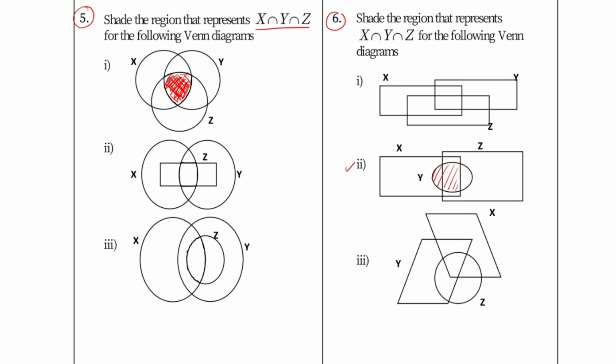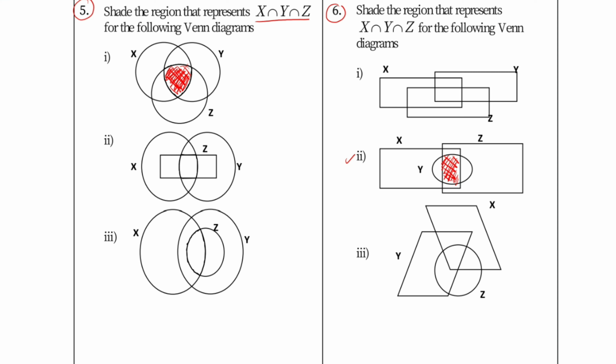And then based on the region that you have shaded, you identify the intersection with Z. So the intersection of Z is this region. Next, you erase the other region that does not overlap. So this region represents X intersection Y intersection Z.